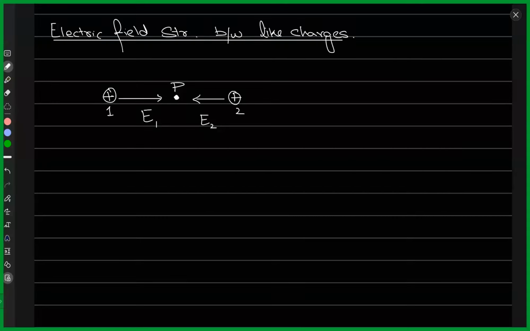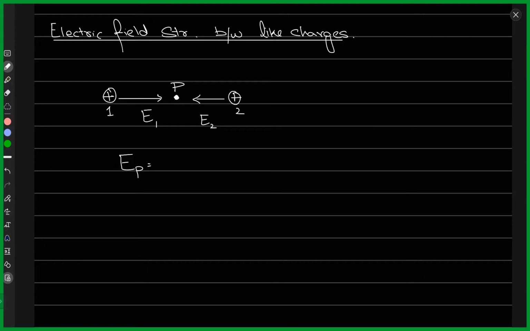Right, okay, perfect. So I'm going to compute the total electric field strength due to two like charges at any point between these two charges, point P. And that's very simple, because if you know your directions and the appropriate signs with those directions, then this problem is very simple. Because the electric field strength at point P would be the sum of the electric fields of these individual charges.